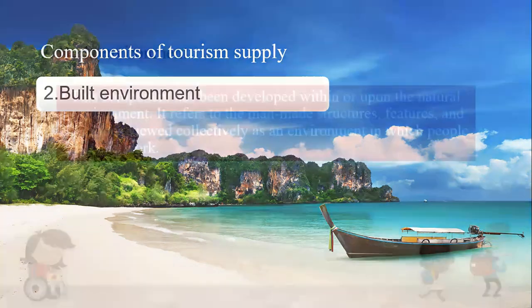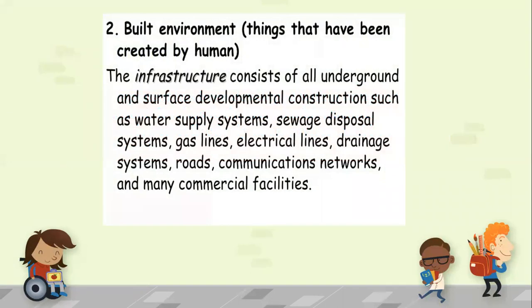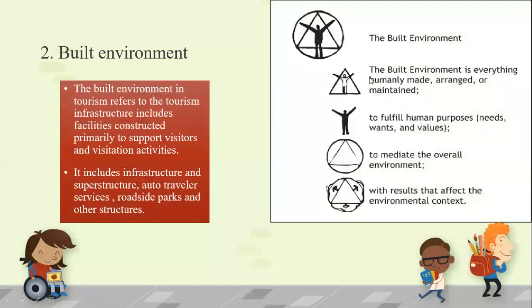is built environment. Students, this component has been developed within or upon the natural environment. So it refers to the man-made structures, features, and facilities viewed collectively as an environment in which people live and work. So if we want to define it more easily, it will be like this.